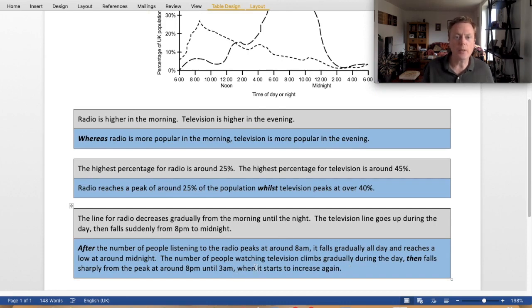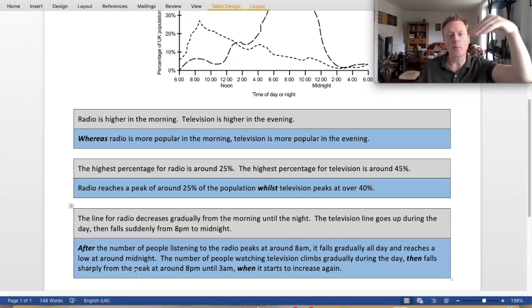Oh, we've got another adverb in there as well. Okay, so again, 3 parts to the sentence. The number of people climbs gradually during the day. Adverb, then, falls sharply from the peak at around 8 until 3 a.m. Second part. Third part, when it starts to increase again.